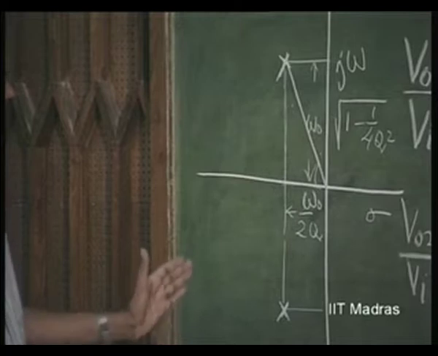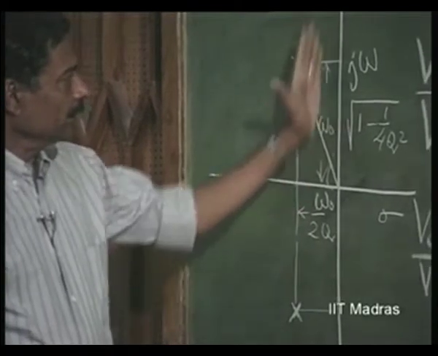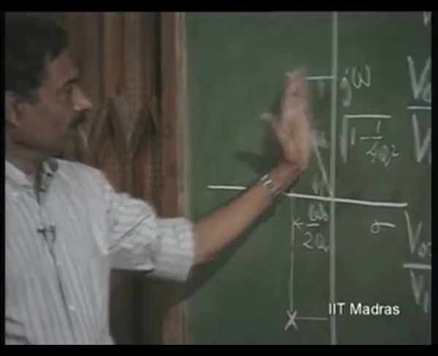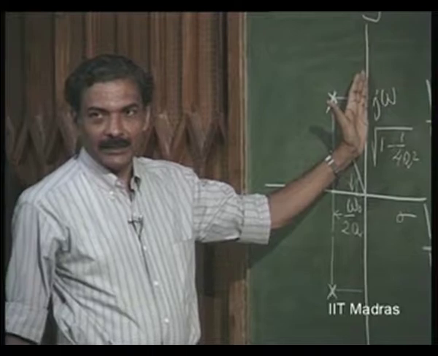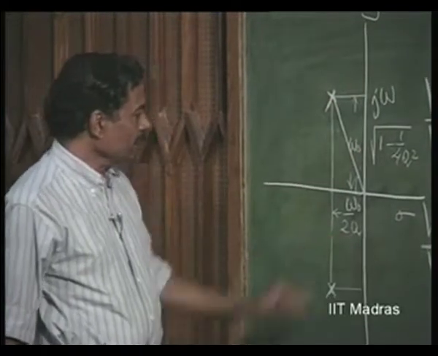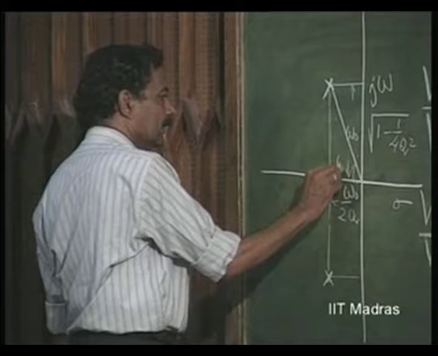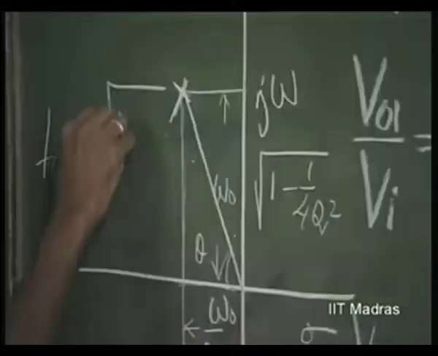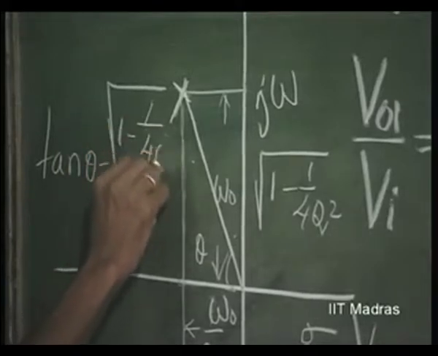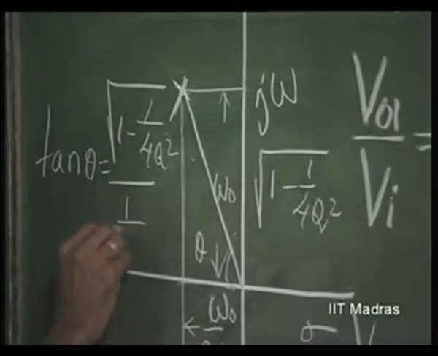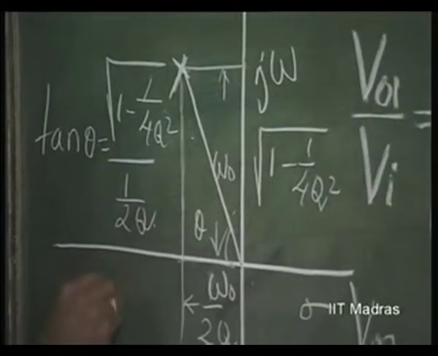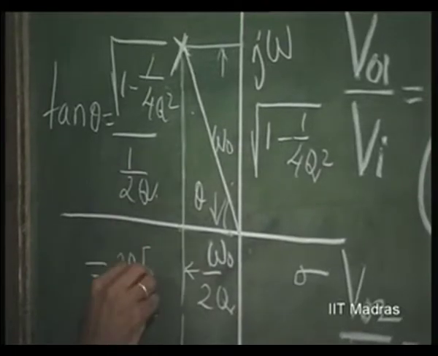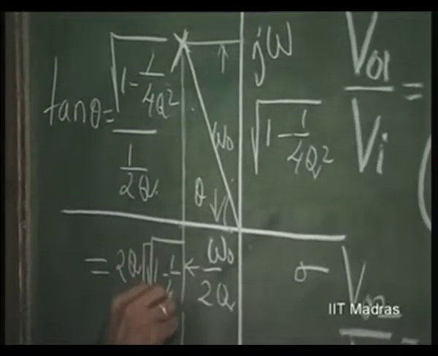So, it tells us how close this is to the imaginary axis. If theta is 90 degrees, it is very close to the imaginary axis, right. So, that information is given by this q, because tan theta is root of 1 minus 1 by 4q squared by 1 over 2q. So, this is nothing but 2q into root of 1 minus 1 over 4q square.